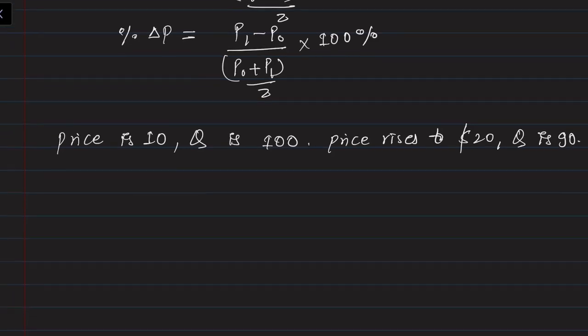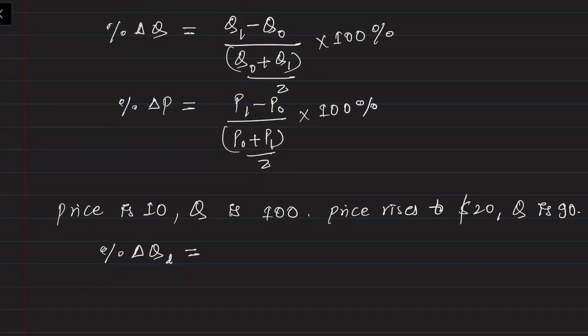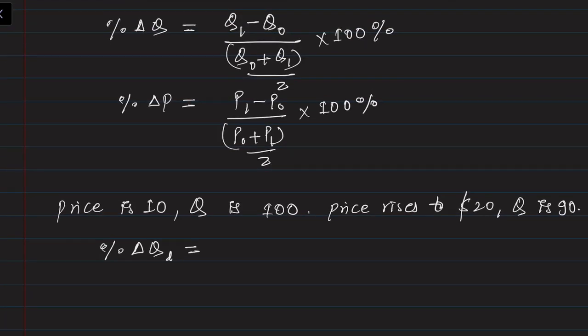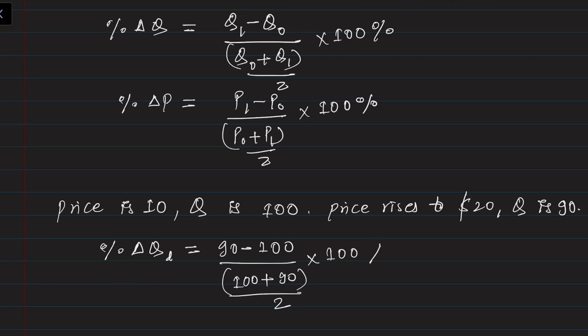Let's calculate the percentage change in quantity demanded. You can use the above formula. So this is 90 minus 100 divided by (100 plus 90) divided by 2, times 100%. So this gives us about minus 10.5%.